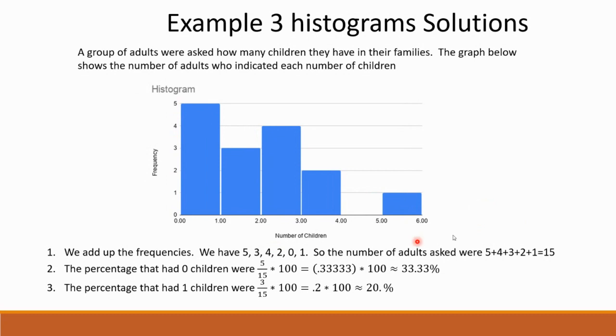Okay. For no children, I said it already, but we can read it from here. We want to figure out what percentage had no children. Well, we know that 5 adults said they had no children. That's what this is telling us.